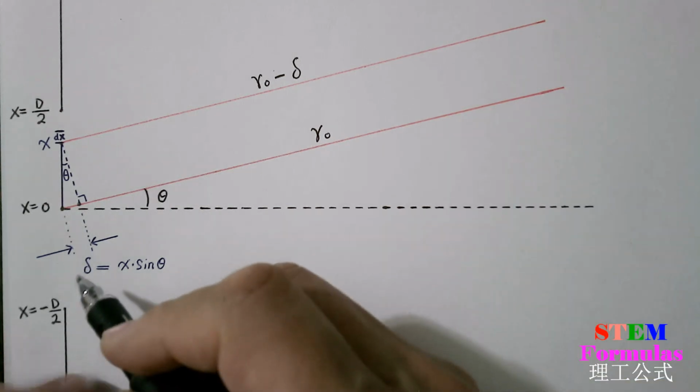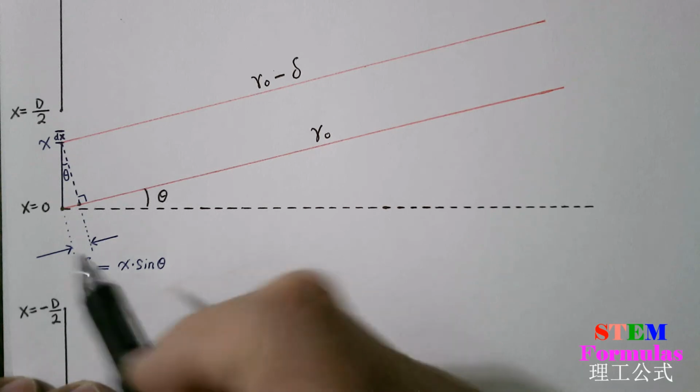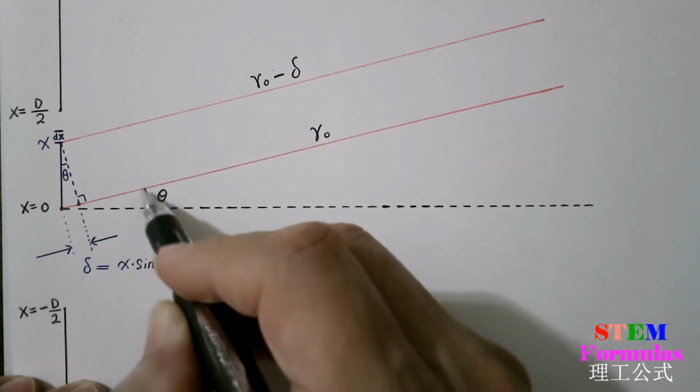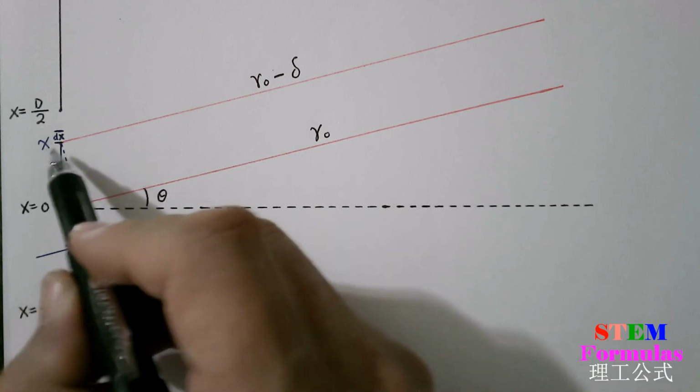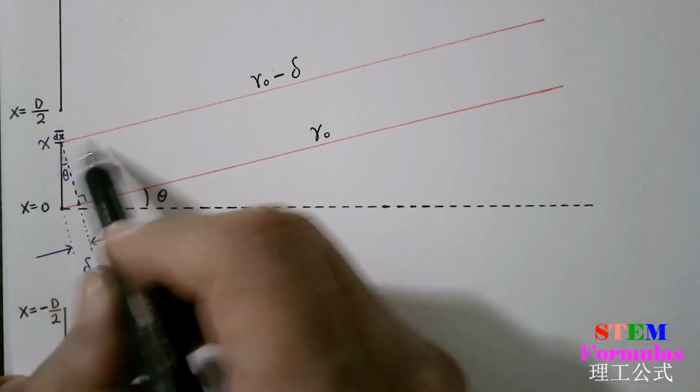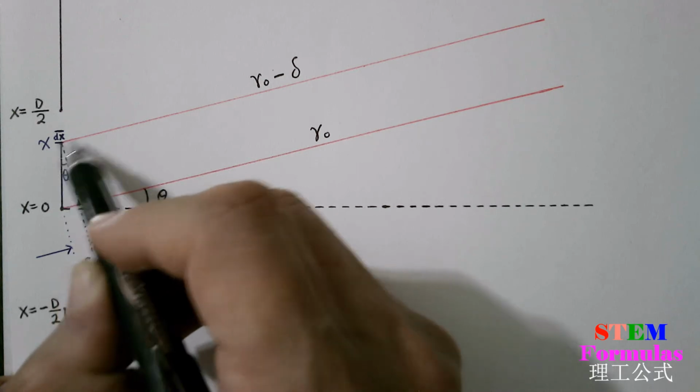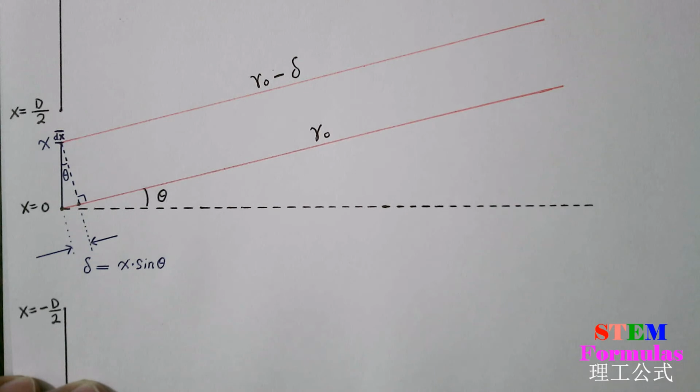Now, I can claim that this angle theta is also equal to the angle between this red line and the horizontal line.